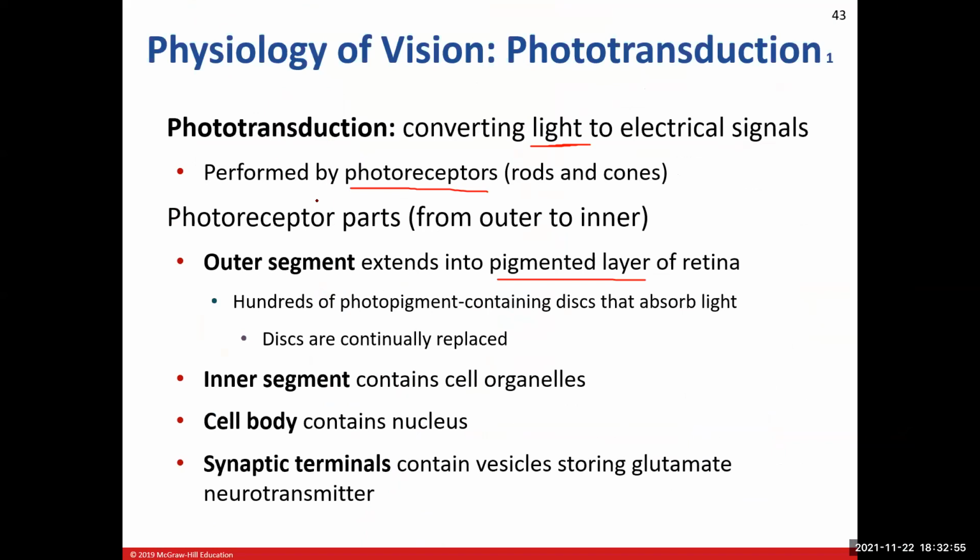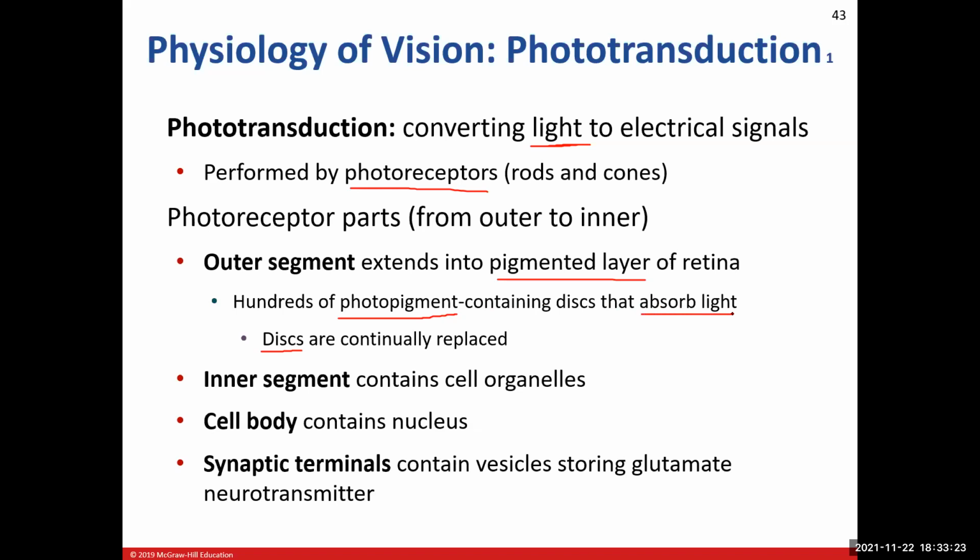All right, so what's important about the outer segment is here is where we have these discs. And in these discs, we have this structure called the photopigment. And this structure contains the necessary machinery that is used to absorb the light that comes in through the pupil there.